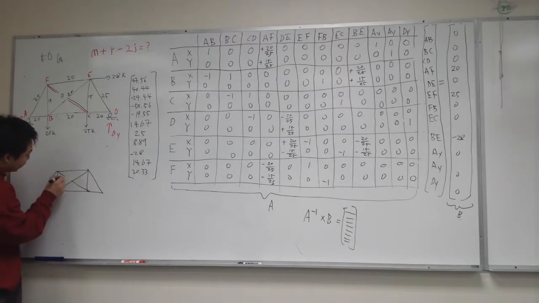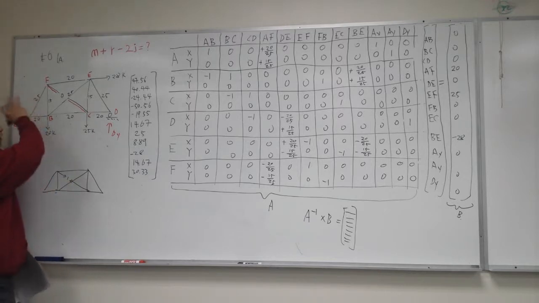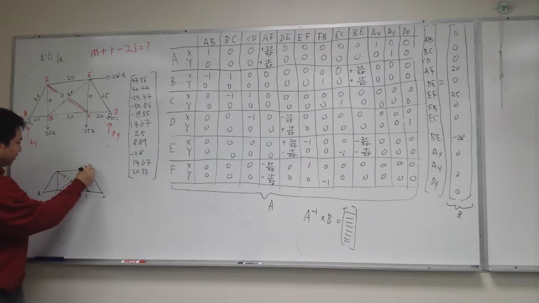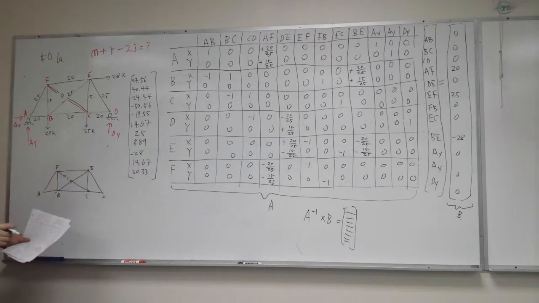If you remove it, you're going to put a unit load, one right here. And you remove all the force. A, B, C, D, E, F. So now you're going to do another matrix for this one.